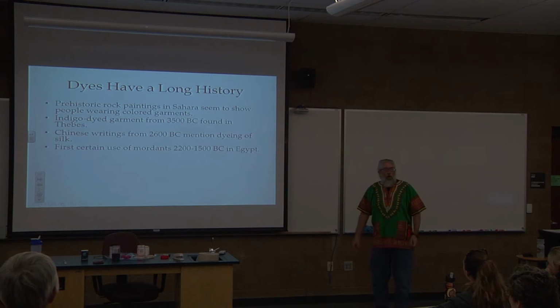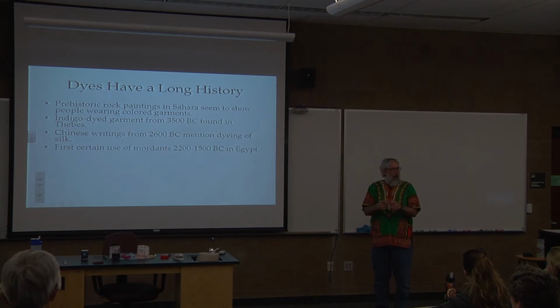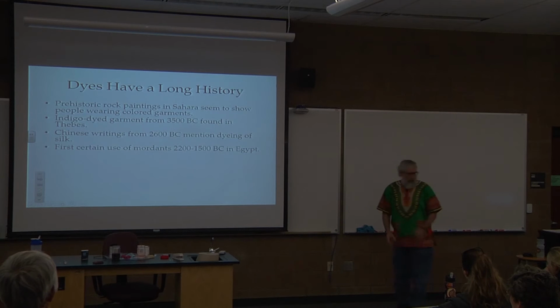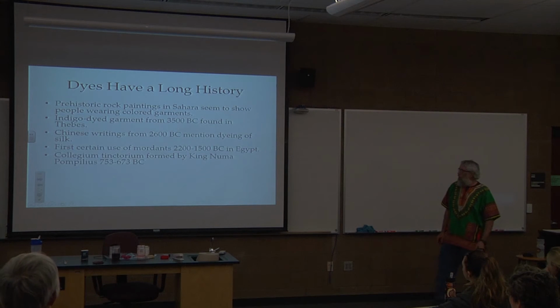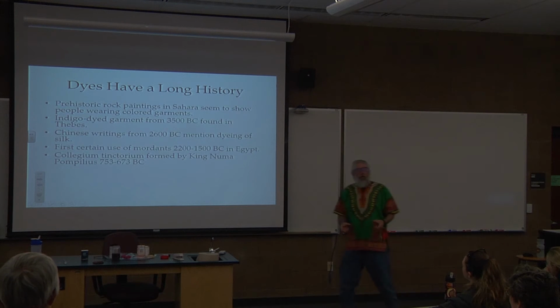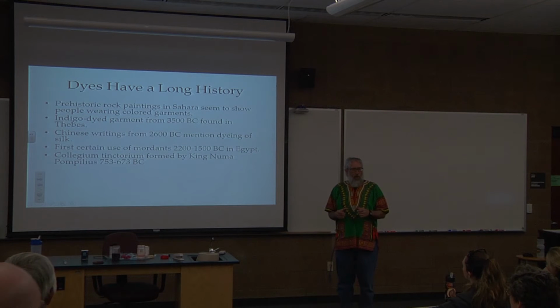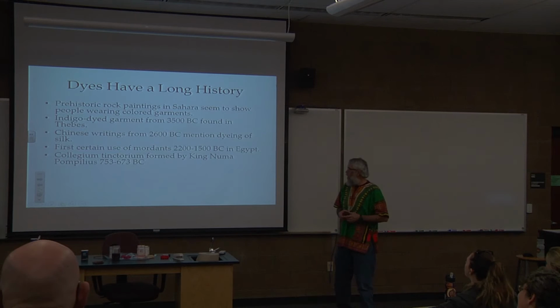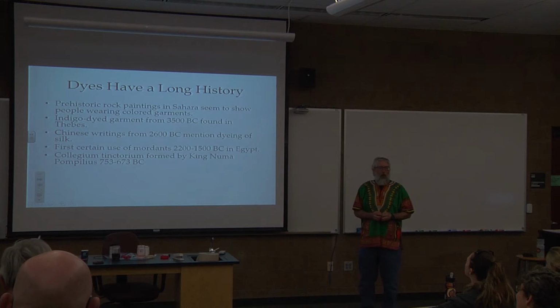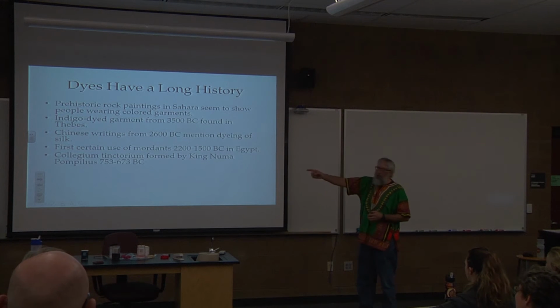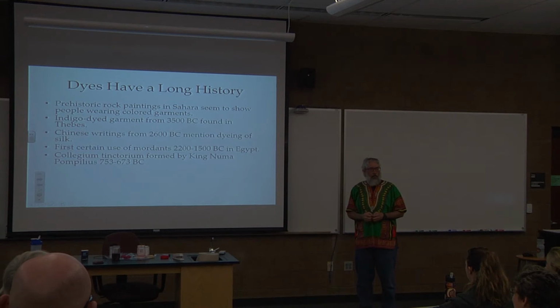First certain use of mordants for dyeing cloth in Egypt. The first formal organization of dyers, Collegium Tinctorium, formed by King Numa Pompilius of Rome, back sometime during his lifetime, from 750 to 670 BC.